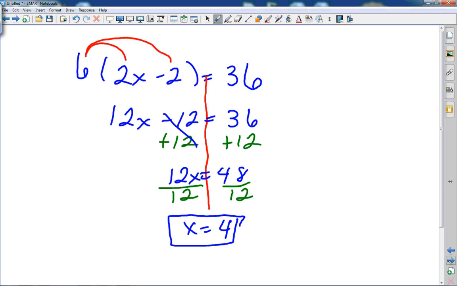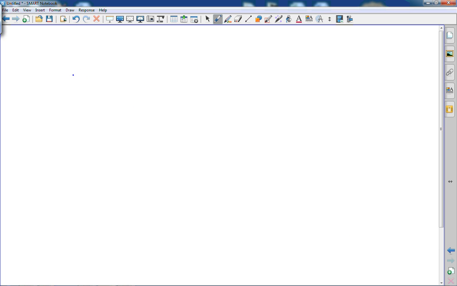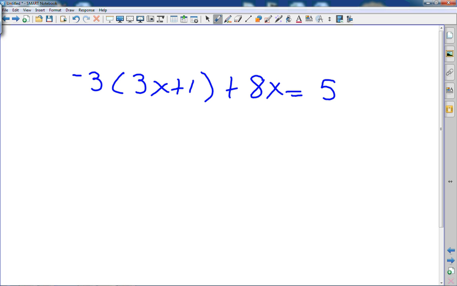The next one, I get negative 3 times 3x plus 1 plus 8x equals 5. All right, let me draw my line here. Now, what's outside the parentheses is that negative 3, so I multiply those. This 8x is not inside the parentheses, so leave it alone. Negative 3 times 3x is negative 9x. Negative 3 times 1, minus 3.